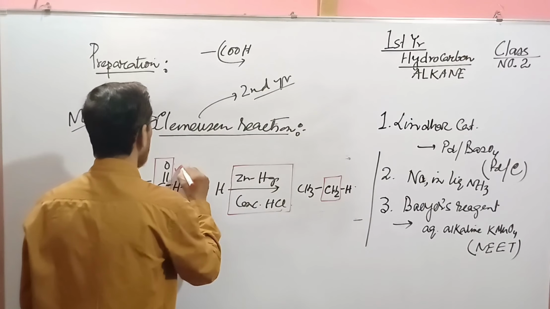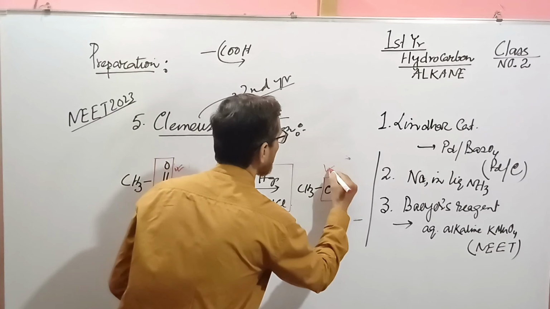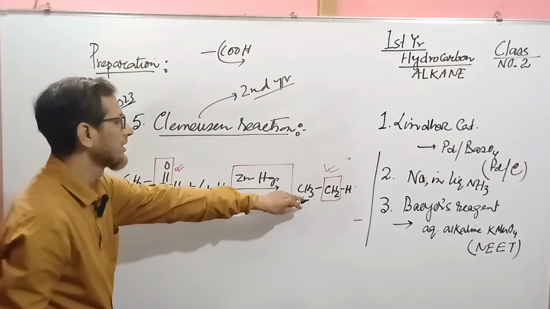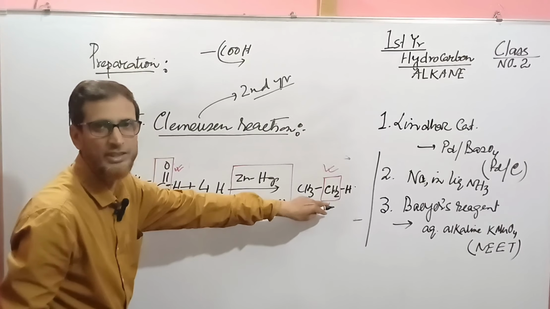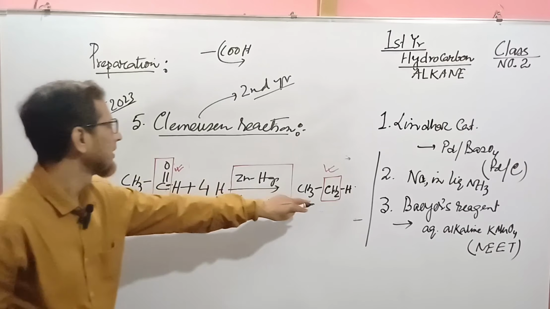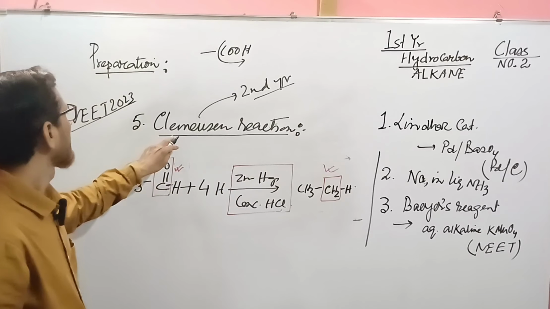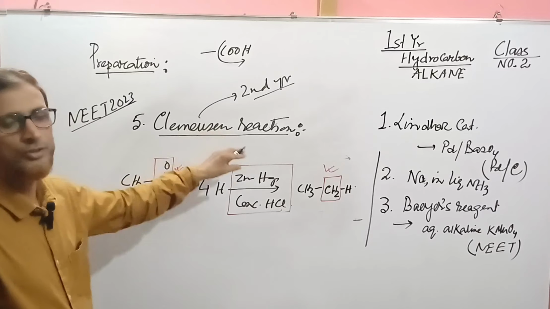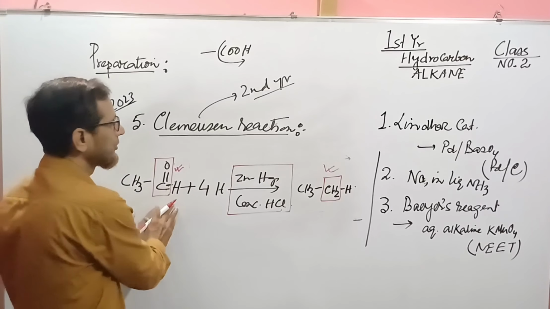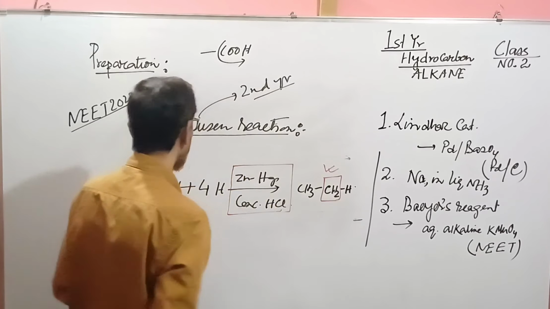You see, CO becomes CH2. H remains as H. Are you not getting the alkane? CH3-CH3. Is it not ethane? It is ethane. So from aldehyde to ethane, it was Clemmensen who made a reduction. Actually, that reaction is the Clemmensen reduction.